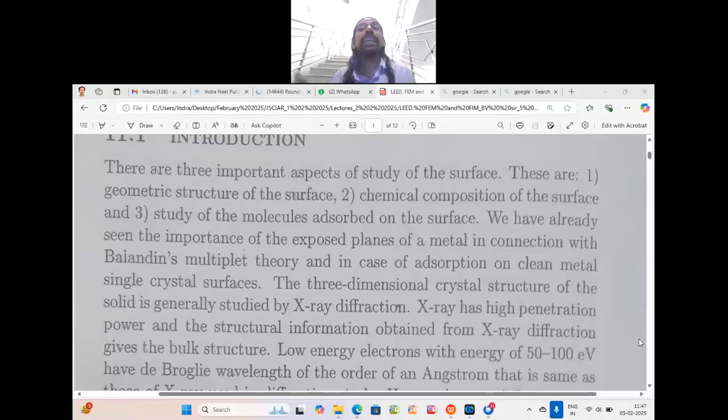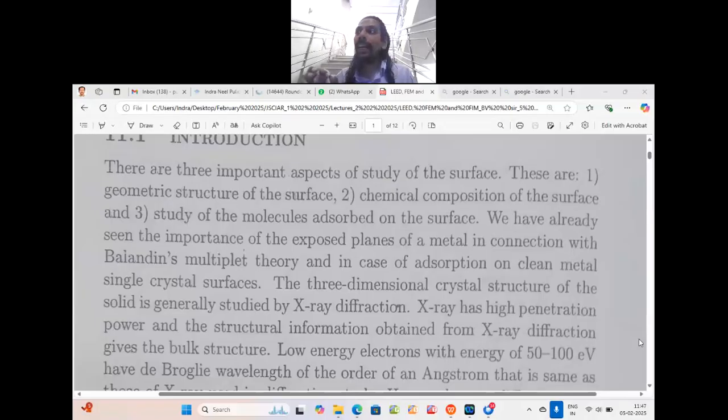Chemistry deals with matter, whether it is animate or inanimate. Chemistry deals with chemical composition. Chemistry deals with characterization. We have more than 120 elements in the periodic table. Each one of the elements can be distinctly distinguished using various probes, using various analytical techniques available at the dispensation of chemists.